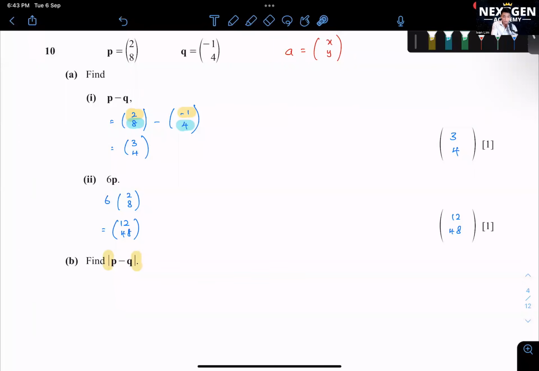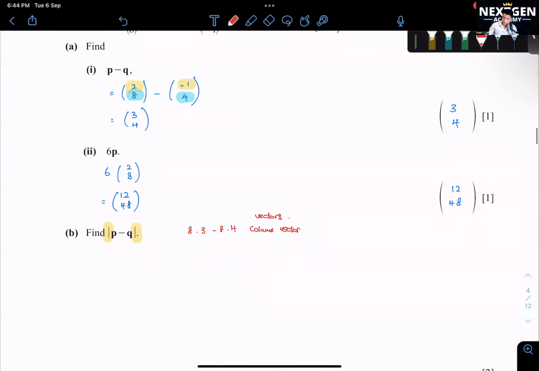I actually went through this with you all, but because it's a very short part, you all go to your chapter 8.3 and 8.4, vectors. You'll see column vectors. This one is all in the videos. If you are unsure on this, go and watch it, because I think some of you missed this part.